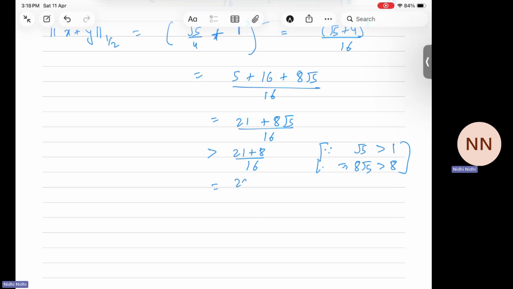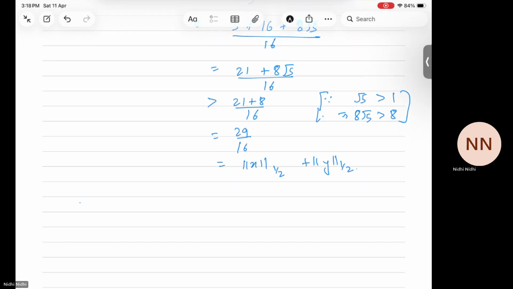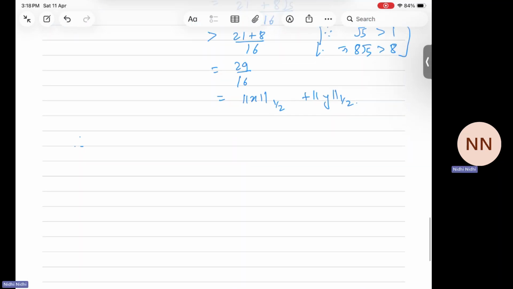Now this is 29/16, which was the other side. So what do we get? We actually got the reverse of the triangle inequality. Instead of less than or equal to, we got strictly greater than. Therefore, this can never be a norm.